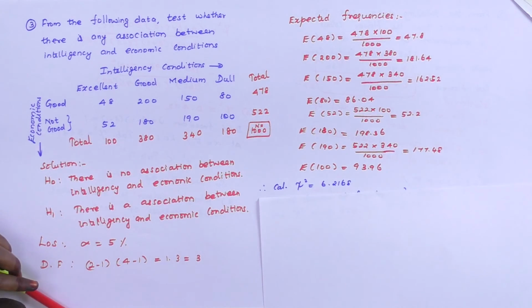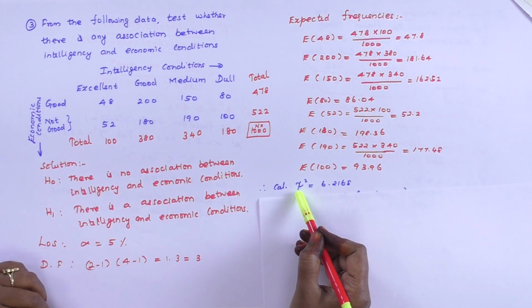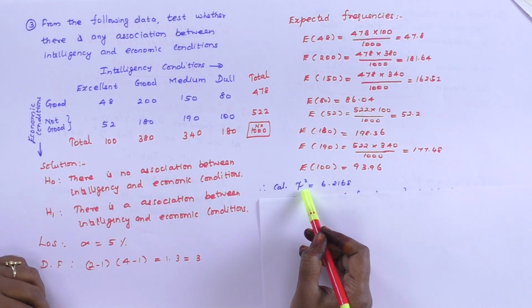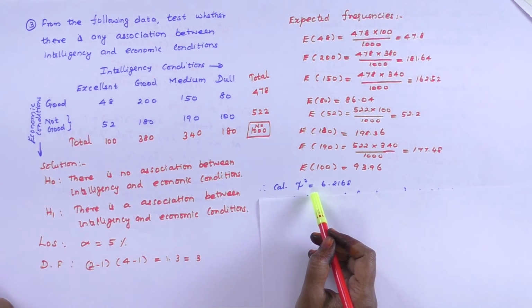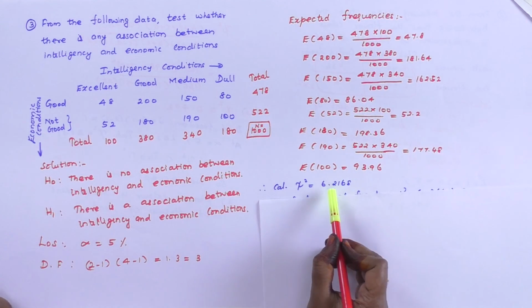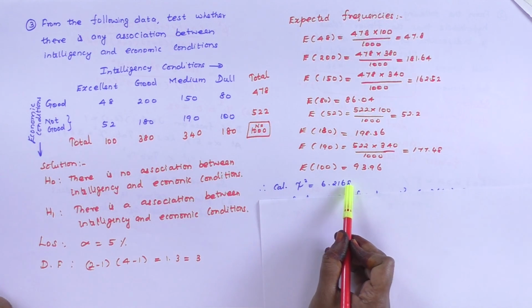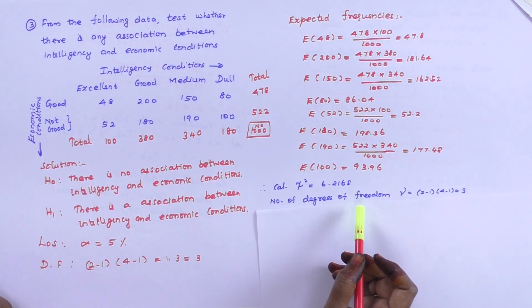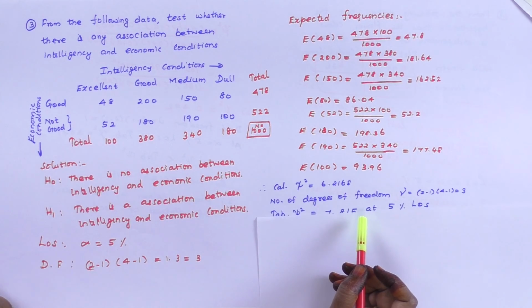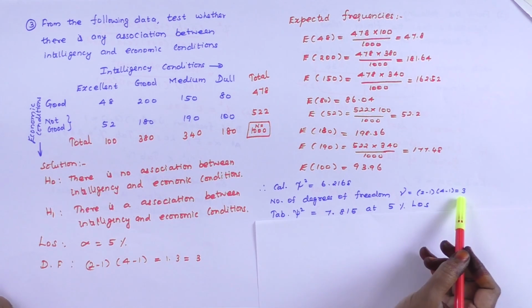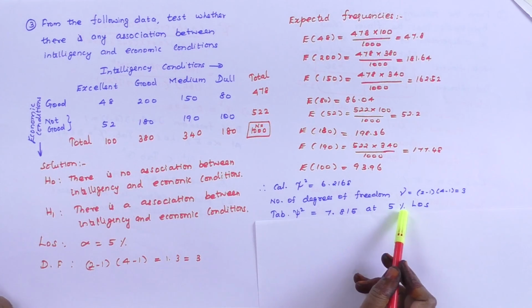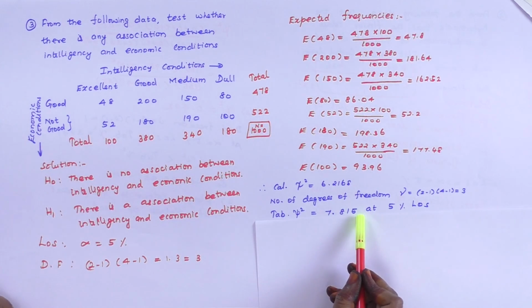Next, the calculated chi-square: we know the formula for chi-square distribution, that is, observed frequency minus expected frequency, the whole square, divided by expected frequency. Computing, we get 6.2168, and the degrees of freedom is 3. Next, the tabulated value for this degrees of freedom at 5% level is 7.815.